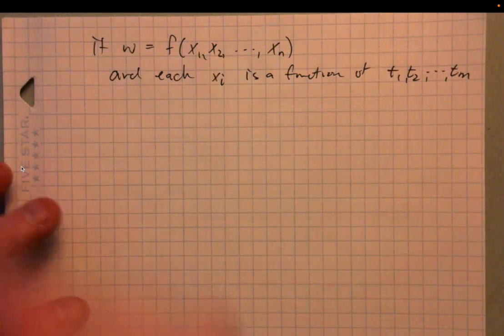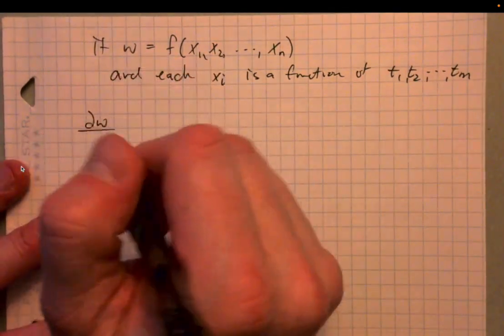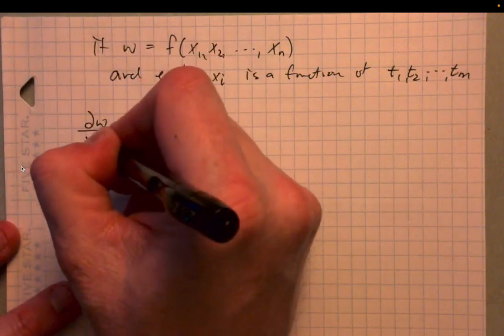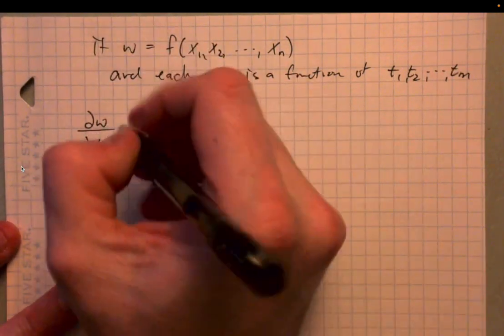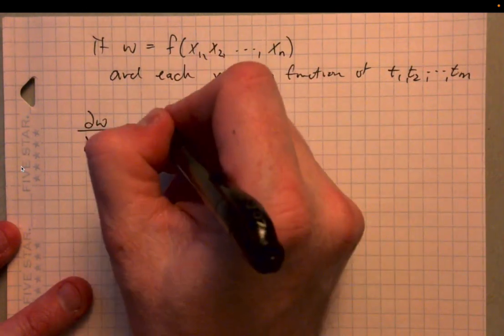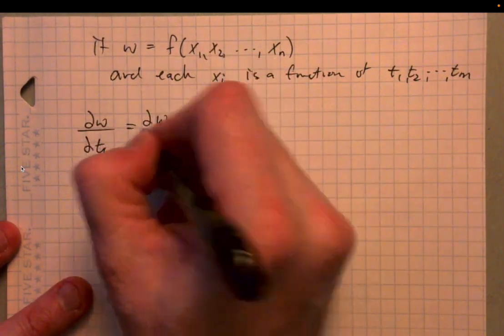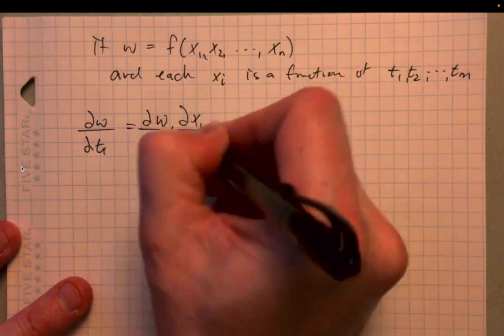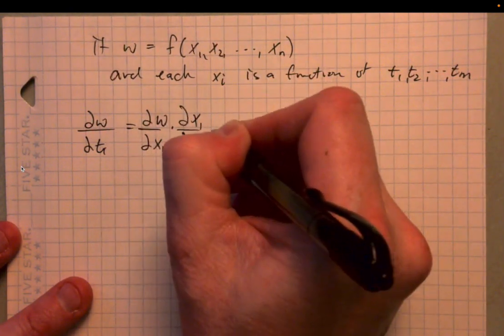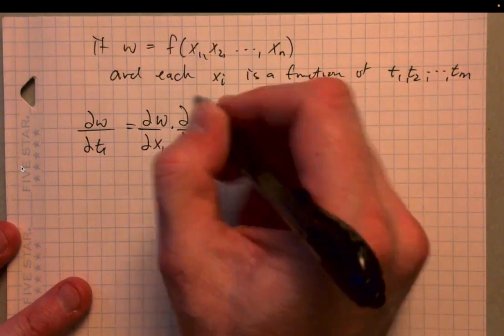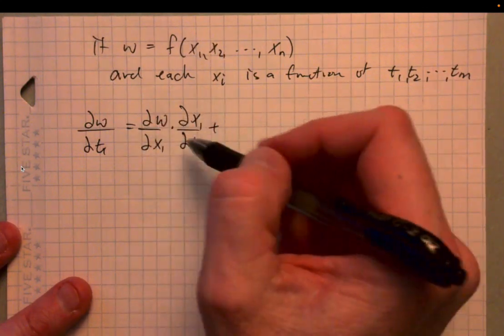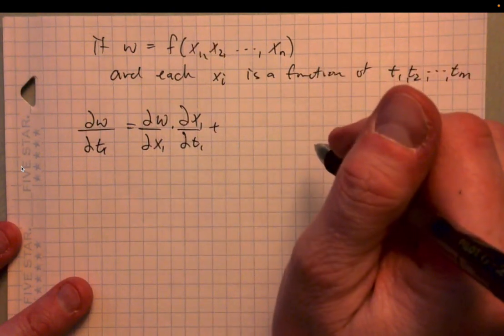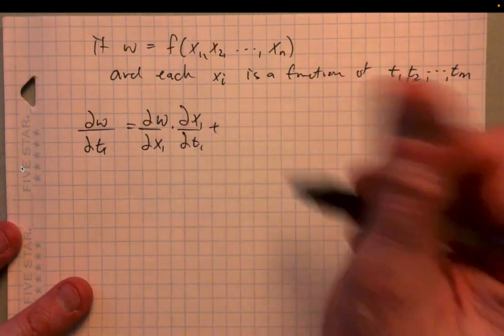So you would have del w with respect to t1 would be equal to the partial of w with respect to x1 times the partial of x1 with respect to t1, right? Plus the partial of w with respect to x2 times partial of x2 with respect to, sorry, with respect to t1, right?